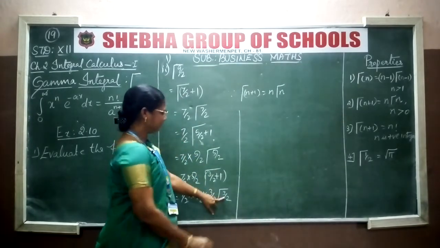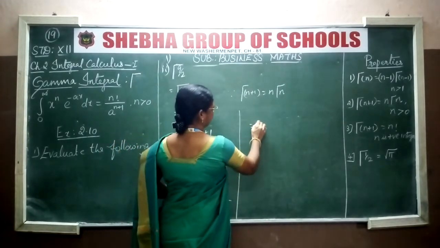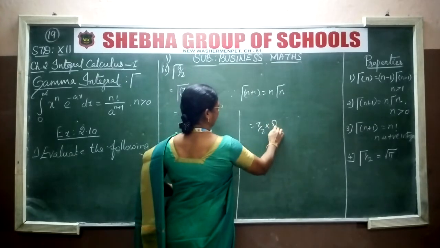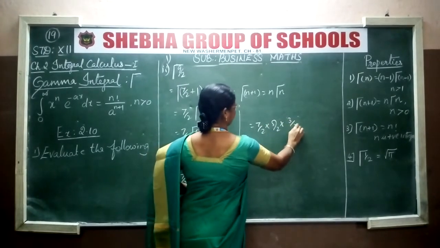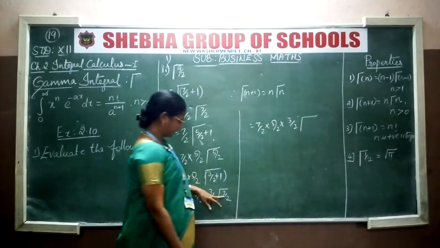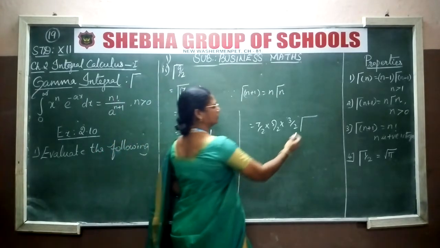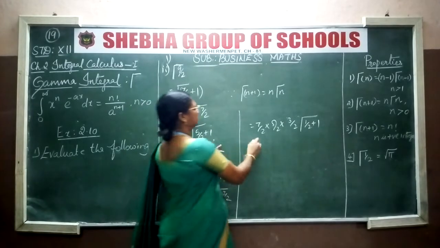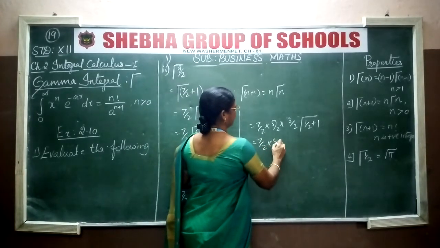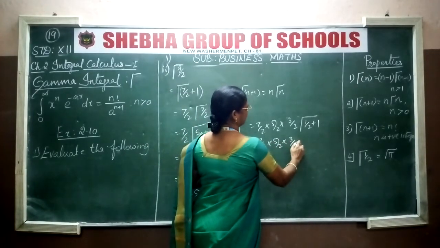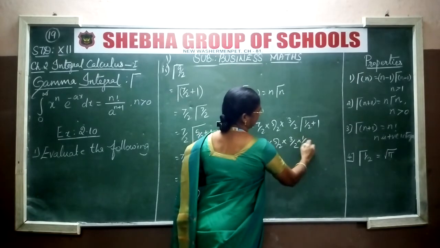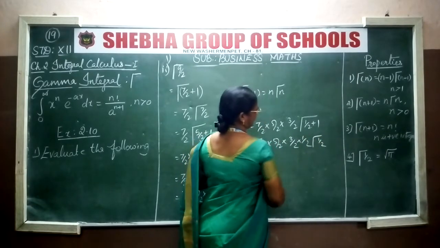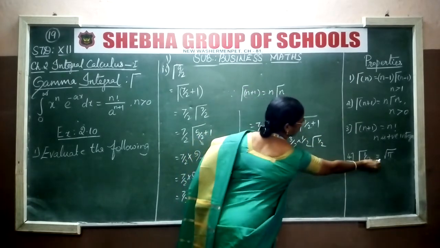Next, again we write this in n plus 1 form. We get 7 by 2 into 5 by 2 into 3 by 2 into gamma of, we have to write 3 by 2 equal to half plus 1. Half plus 1 is 3 by 2. It is equal to 7 by 2 into 5 by 2 into 3 by 2 into half into gamma half. And we know gamma half value is root pi.